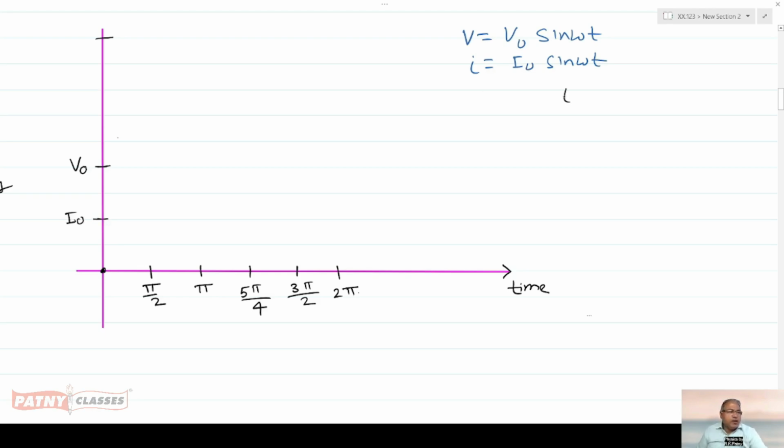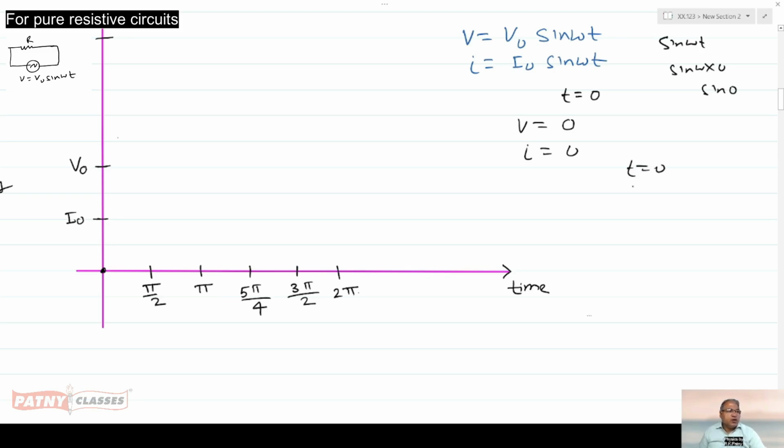Now when t equals 0, V equals 0, as well as I equals 0, because sine 0 value is 0. If you put it into the equation sin omega t, sin omega into 0, sin 0 equals 0. Therefore at t equals 0, the value of the voltage is 0, and the value of the current is also 0. So both the graphs start from 0.